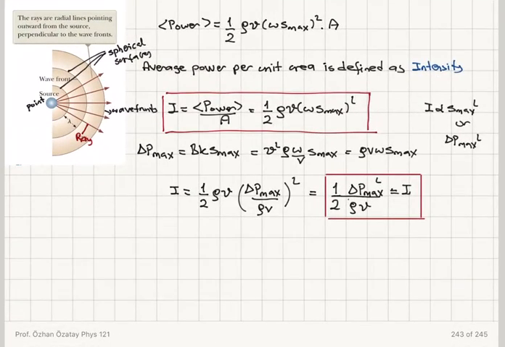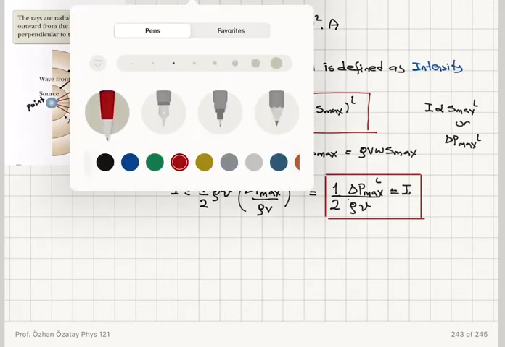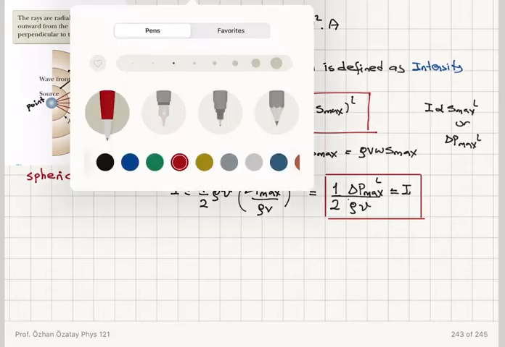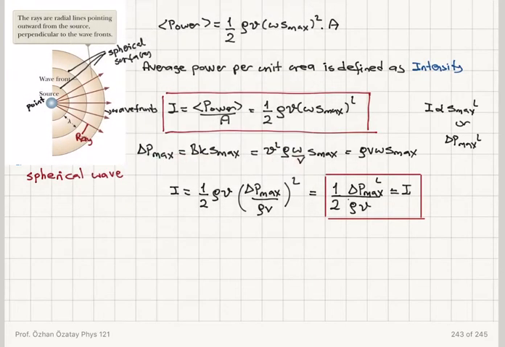Because all wavefronts are spherical surfaces, the type of wave I obtain here is called a spherical wave.